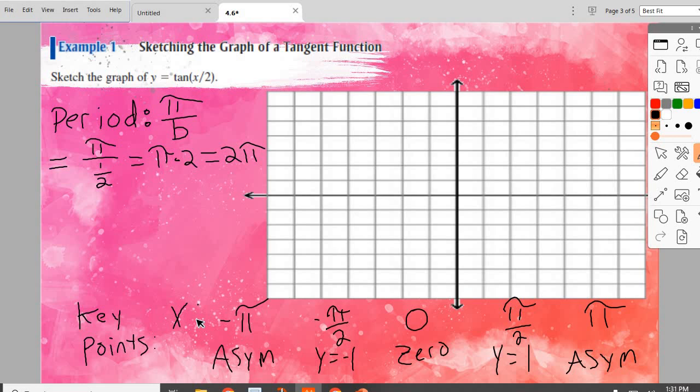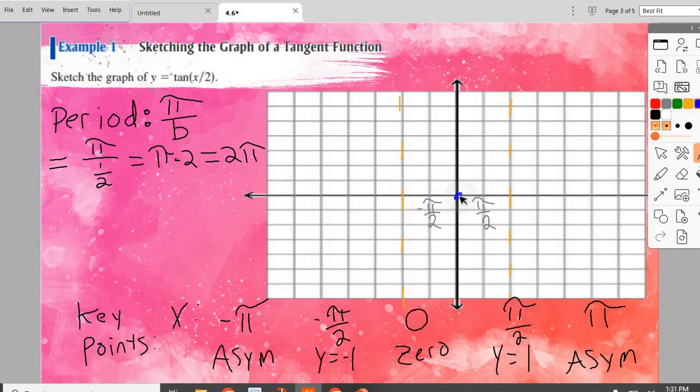Do y'all see where I got those numbers from? Yes? Okay. Because then we're just going to graph them. So I'm just going to label. Let's go by pi's over 2 this time, which means that this is negative pi, this is pi.